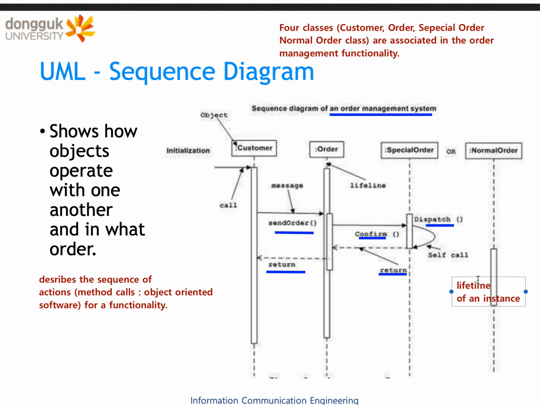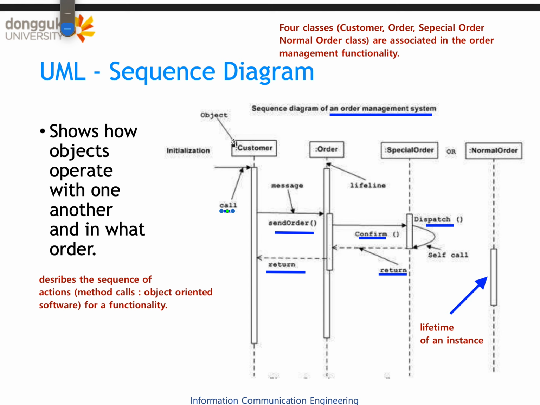This is the lifetime of an instance. So this means the customer instance is instantiated when the system starts, when there's some call from outside to the customer class.